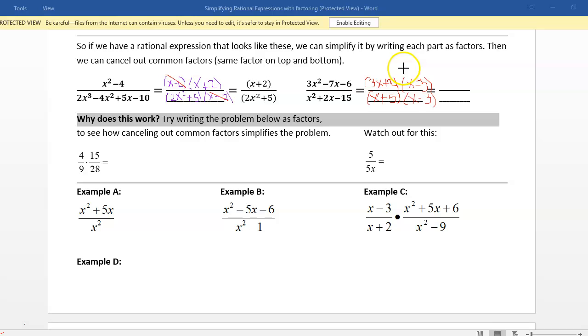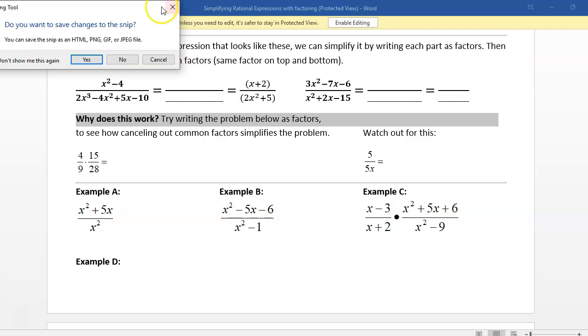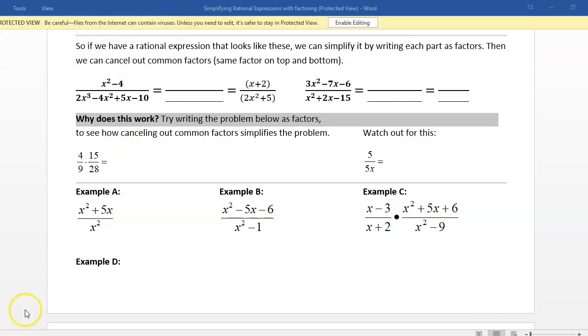Cancel those common factors. We would be left with a simplified fraction of 3x plus 2 over x plus 5.